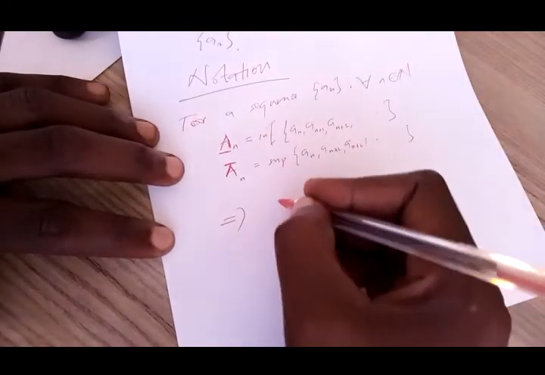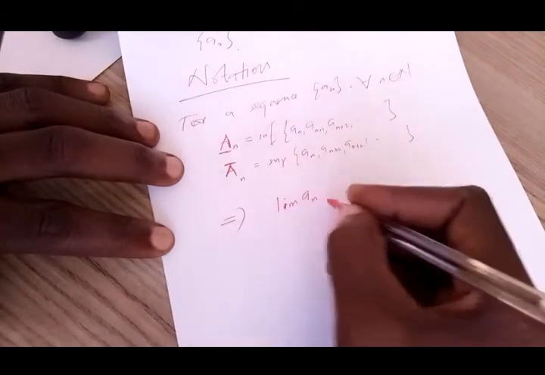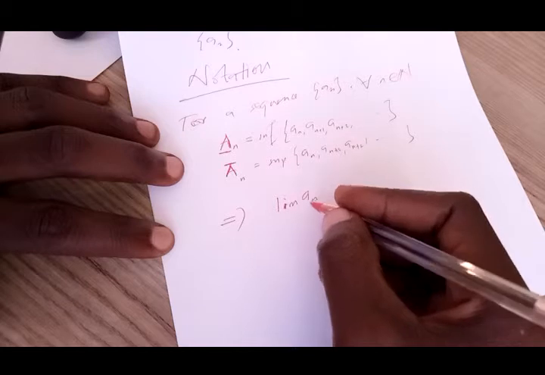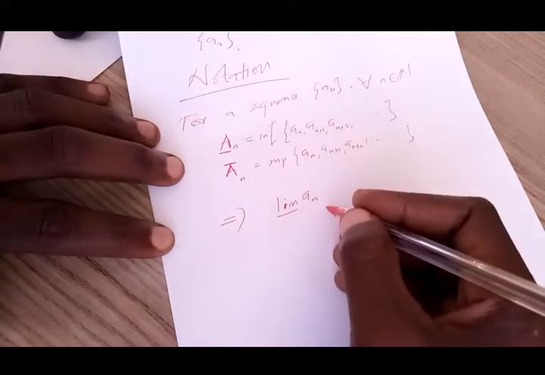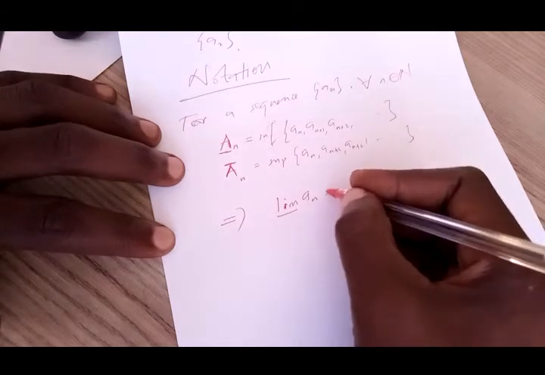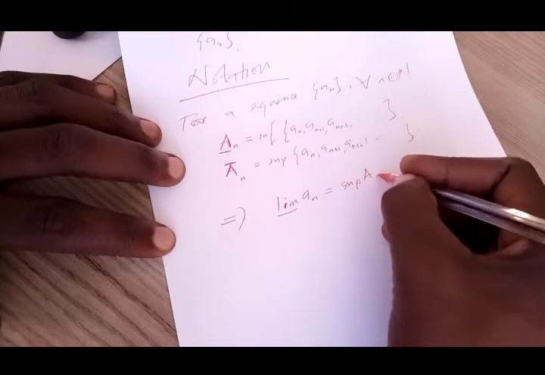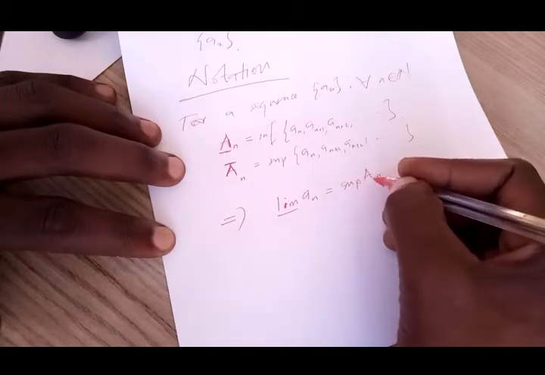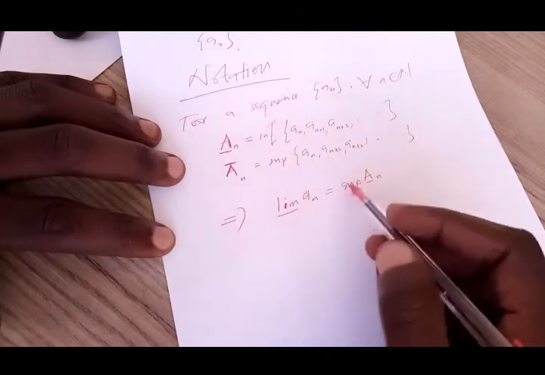It implies that the limit of the sequence an, which means the lower limit, is basically equal to the sup of the infimum of an. They are all at the bottom.